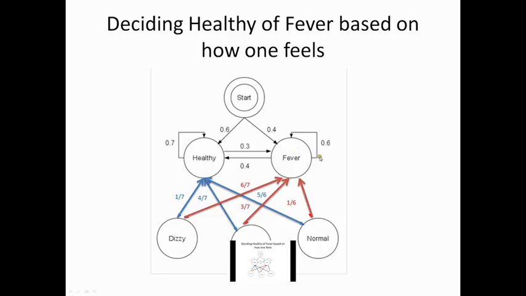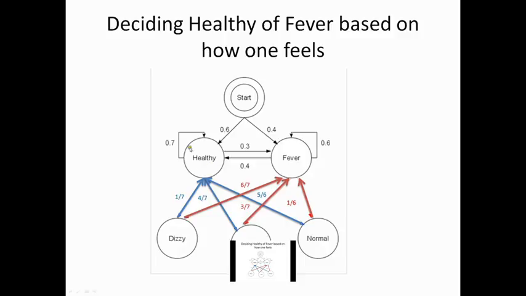And then from here you can still work backwards to say, if you have a fever, there's a 60% chance that you'll still have a fever and a 40% chance of being healthy. So when we're working backwards, we take into account these probabilities along with the probabilities of what you were before.